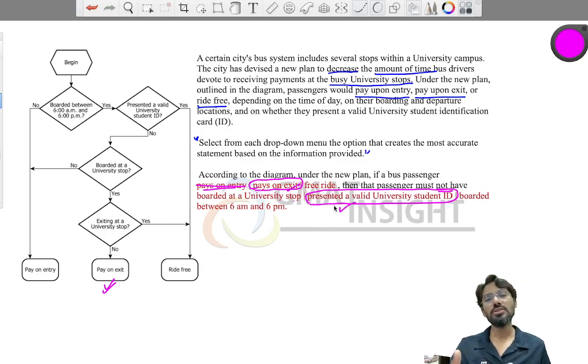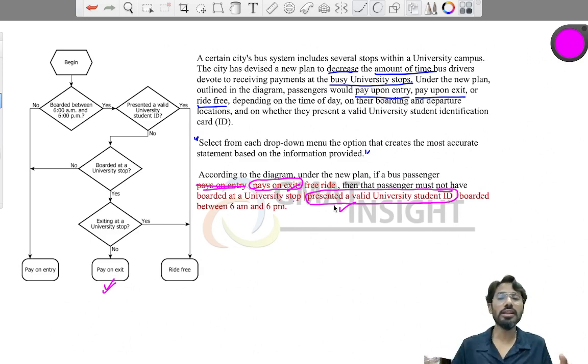So in these questions you have to go step by step and see which exactly two parts fit well, so that they complete a statement which is in line with the given information. I hope you understood this. In these questions, a very important suggestion is that you have to go at a slightly slower pace. You don't have to rush, because many times you have to read this flowchart again and again.